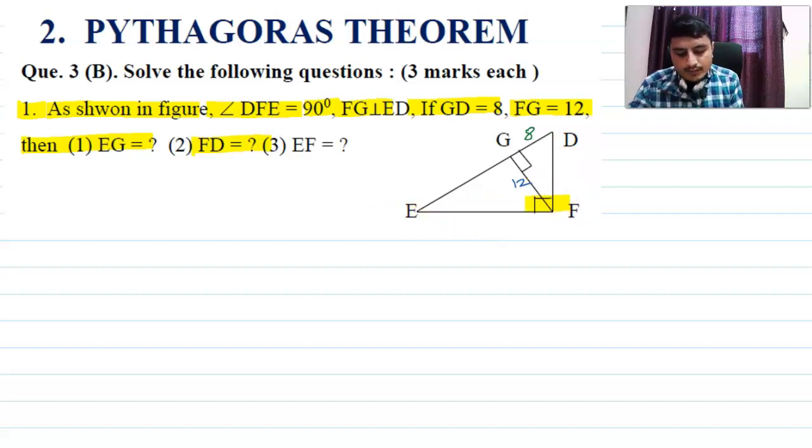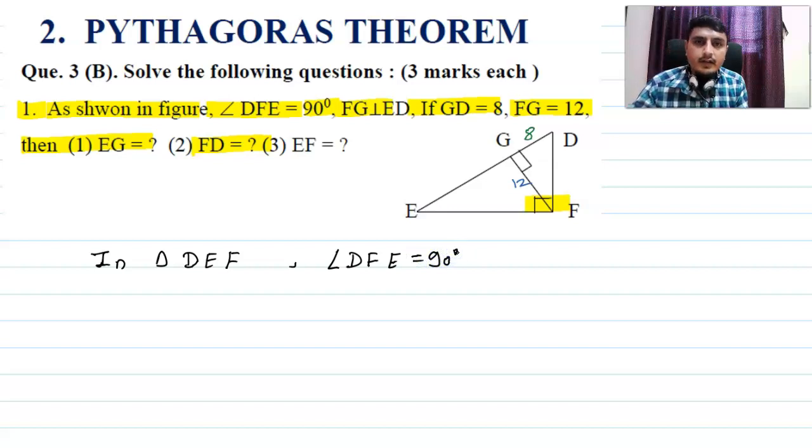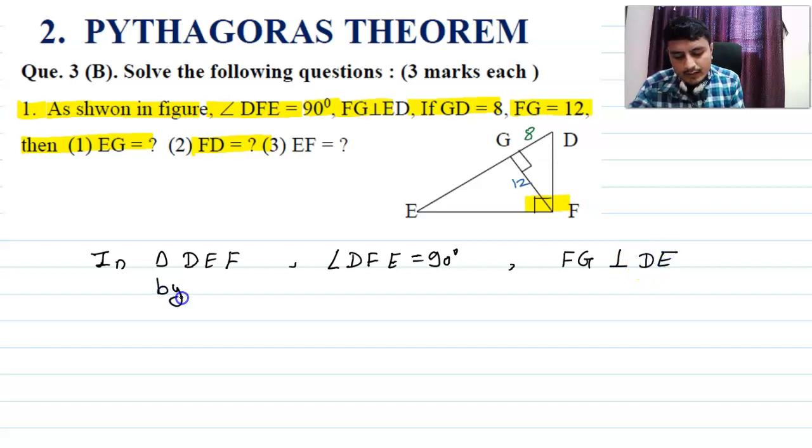First of all, in triangle DEF, the measure of angle DFE is equal to 90 degrees. That means the given triangle DEF is a right angle triangle. In the right angle triangle, FG is perpendicular to the hypotenuse DE, so we can use the geometric mean theorem.